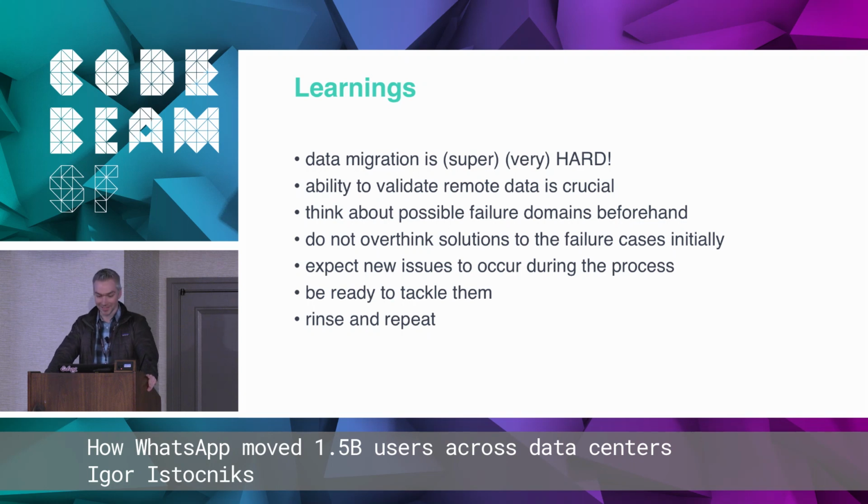What did we learn during the process? Data migration turned out to be very, very hard. The ability to validate the data is crucial when you do data migration. We found so many issues just by doing comparisons. We need to think about possible failure domains before we actually start moving the data to the other side or copying it.